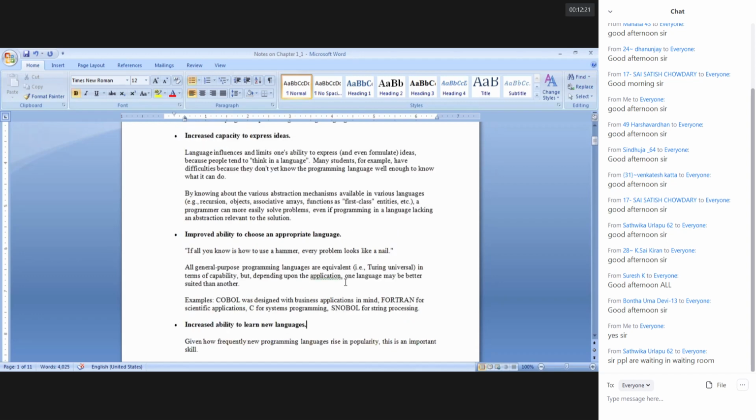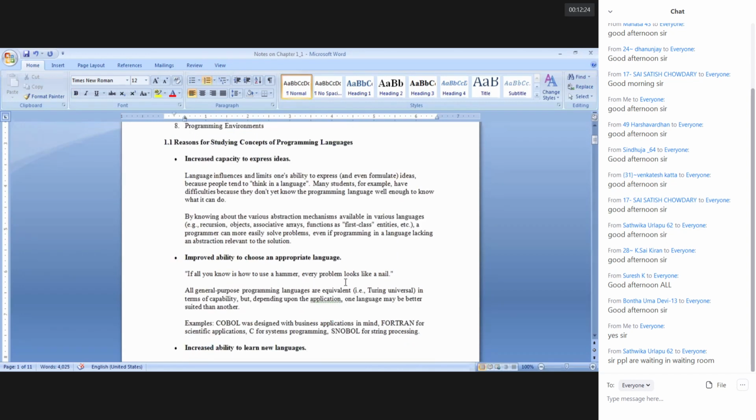So the first reason is increased capacity to express ideas. The second reason is improved ability to choose an appropriate language. If you know the features of 3 or 4 languages and you have a requirement to develop a program, as you are already aware of which feature is available in which language, that will help you choose the appropriate programming language.